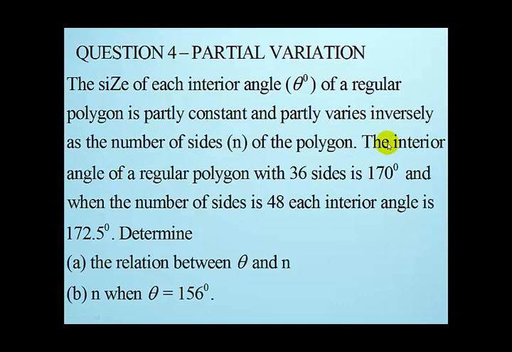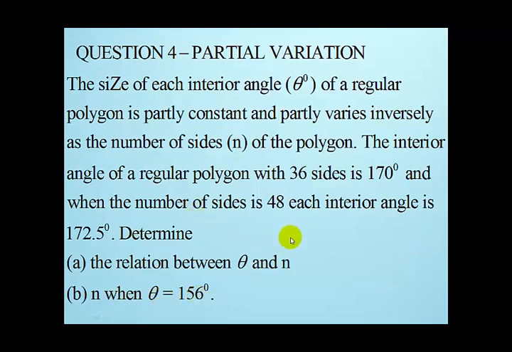The interior angle of a regular polygon with 36 sides is 170 degrees, and when the number of sides is 48, each interior angle is 172.5. Determine the relation between theta and n. Then b, find n when theta is equal to 156.